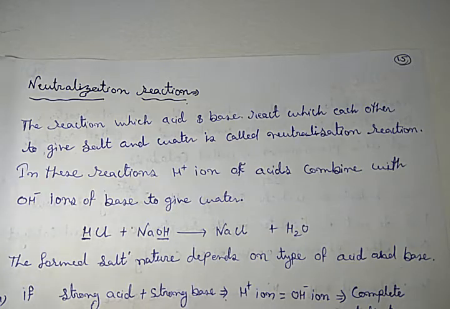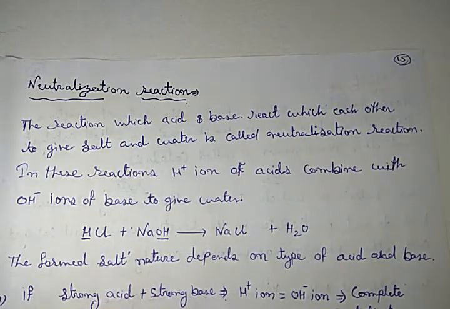If they are equal, that means 1 mole H+ and 1 mole OH-, then they completely neutralize each other. But if one of them is strong and the other is weak, then the strong one gives more H+ or OH- ions than the weak one, because the weak one will not completely ionize.